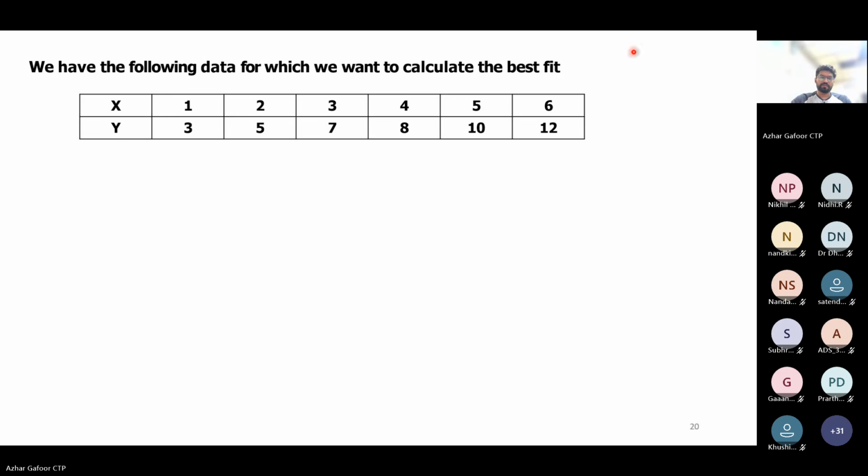So I'll just tell you what needs to be done in this case. First, if you remember the equations, we need to know the y bar, x bar, right? I think I will just go to the solution, or else I will write.